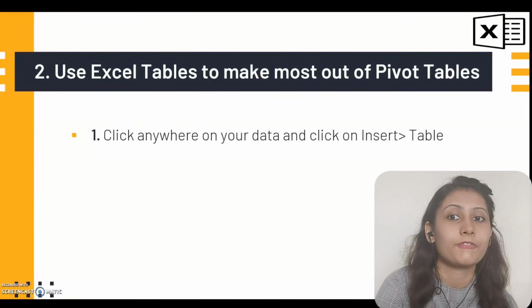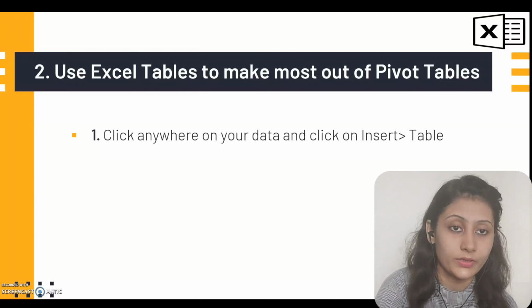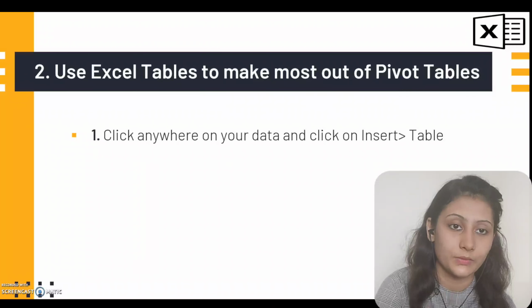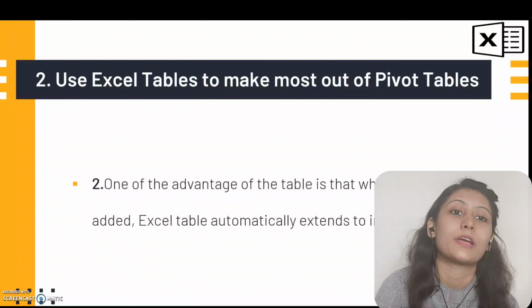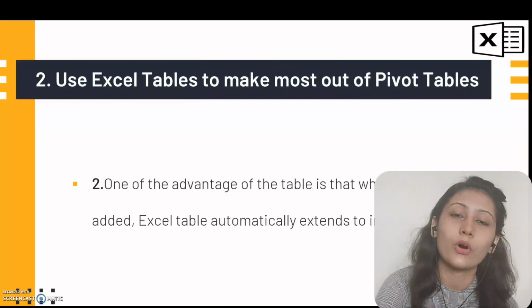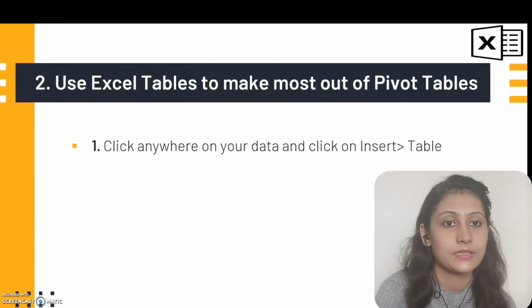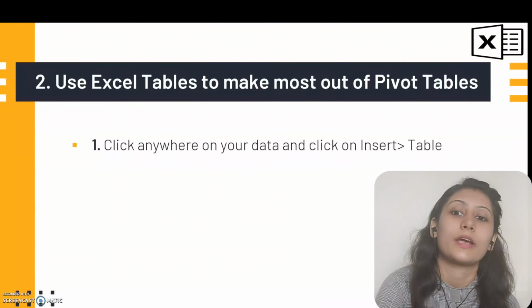Because if you have inserted a column or row at the bottom of the table, the pivot table needs to change the range of the table. Whereas if you're using an Excel table, it will automatically add all those inserted columns and rows into it.